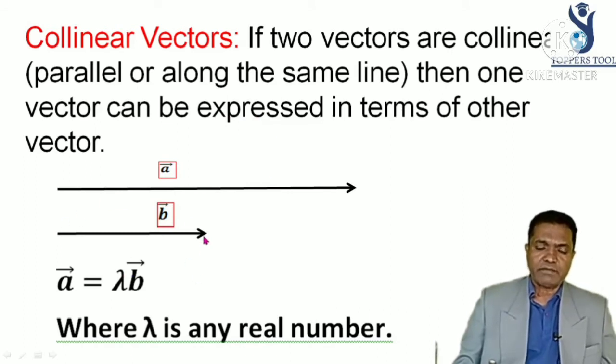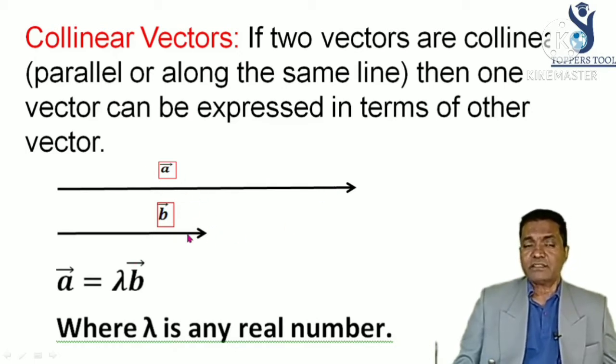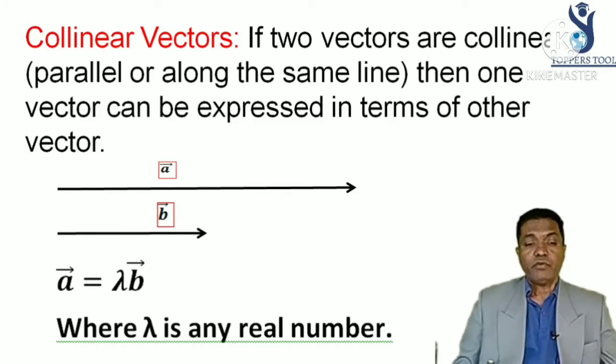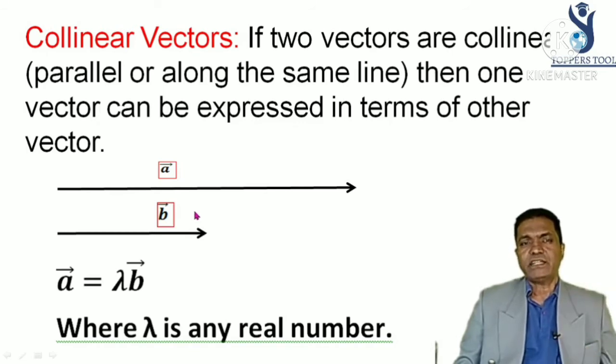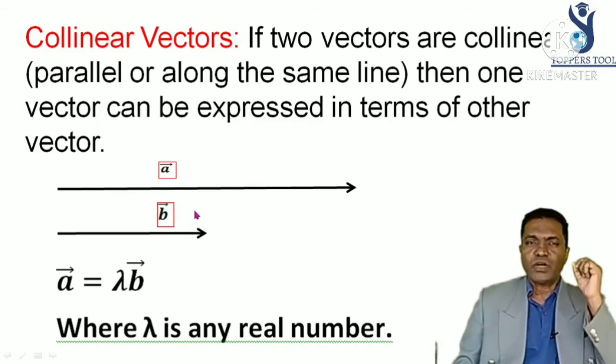Here is one vector B and another vector A. Clearly you can see that vector A is larger than vector B, or you can say that vector A is 2 times vector B, or vector A is 3 times vector B, or you can say that vector B is less than vector A, or that vector B is half of vector A, or vector B is 1/4 of vector A.